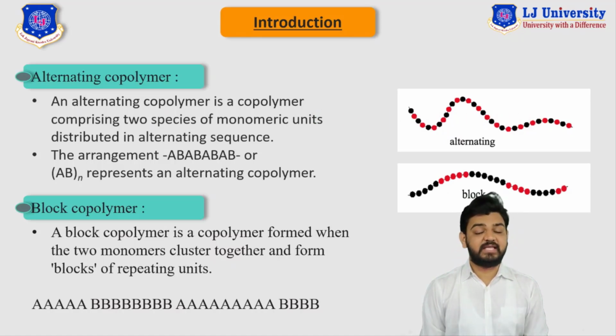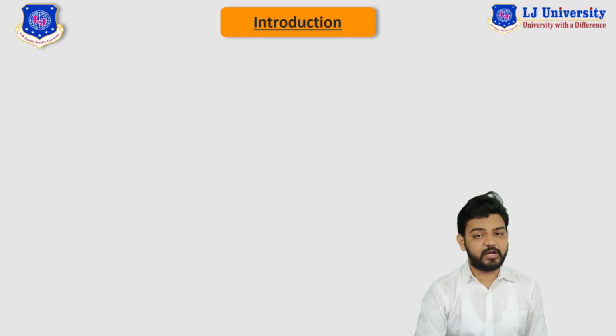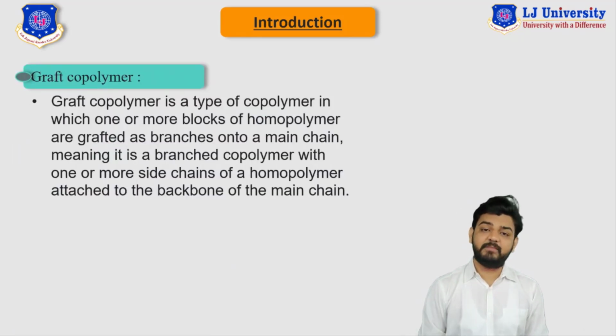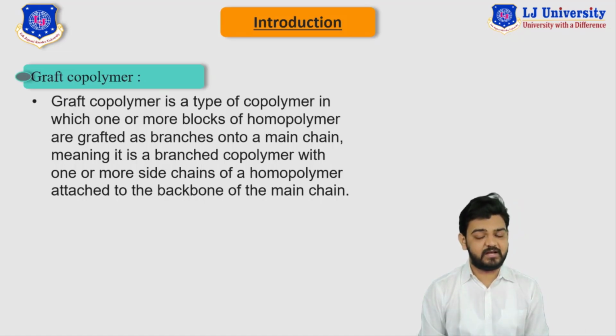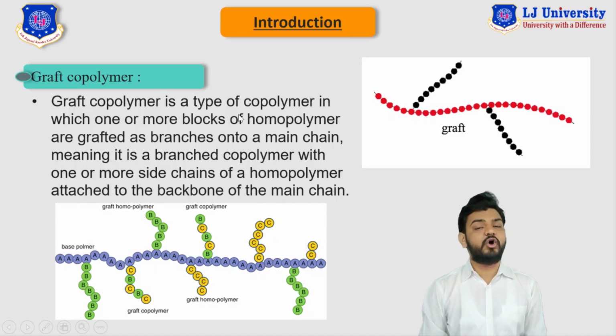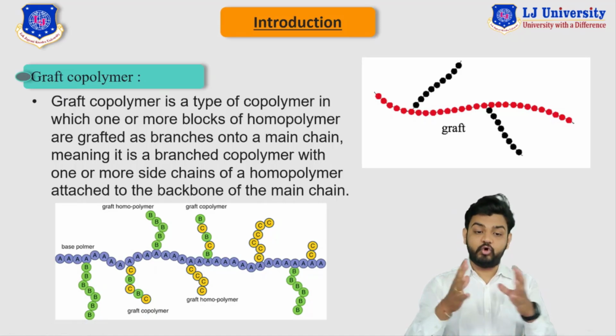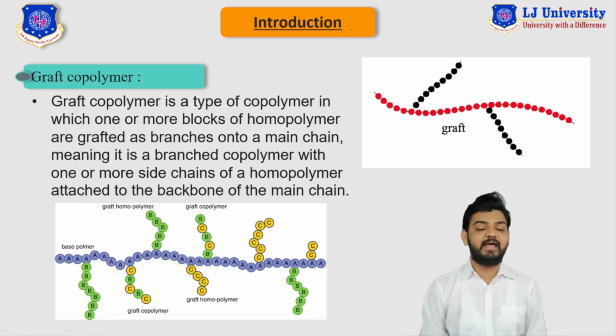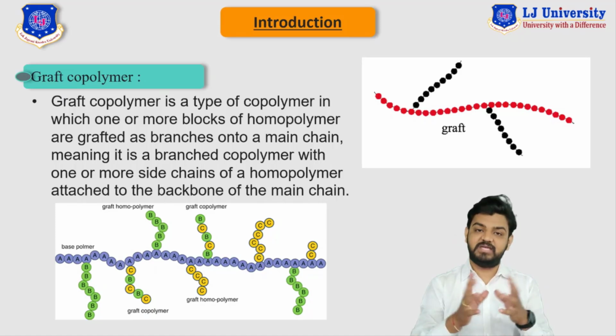Now, having said that, let me introduce one of the most important polymers, the graft polymer. This graft polymer is sometimes asked as a 1-mark question in your university exam as well. Here in this image, you can see that a graft copolymer is a type of polymer in which one or more blocks of homopolymer are grafted as branches on the main chain.